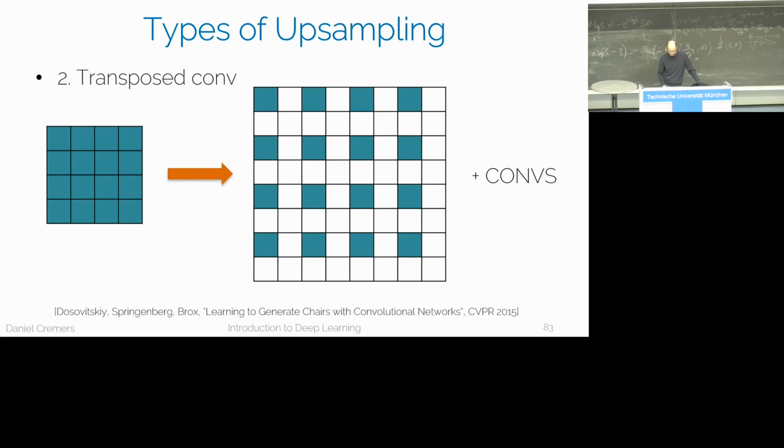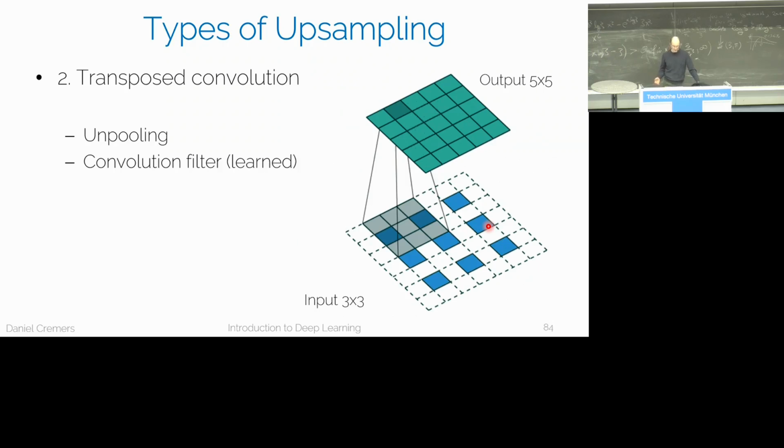They treat that as a convolution, and basically they can learn the parameters. The way you can see that is visualized here. Let's say you have an input 3 by 3, the blue 3 by 3 grid here, and then you run a convolution filter where you do a weighted sum of whatever is in here to create, in this case, a 5 by 5 output. And you can learn the parameters of this convolution, and that's the idea.